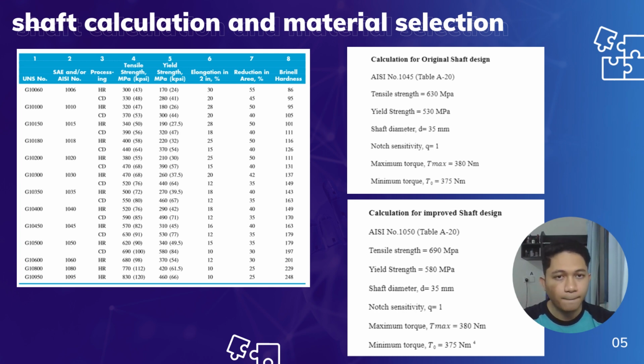The original shaft has tensile strength of 630 MPa and yield strength of 530 MPa, and the improved shaft has tensile strength of 690 MPa and yield strength of 580 MPa. So this is the improvement that we made by using another material for the shaft.